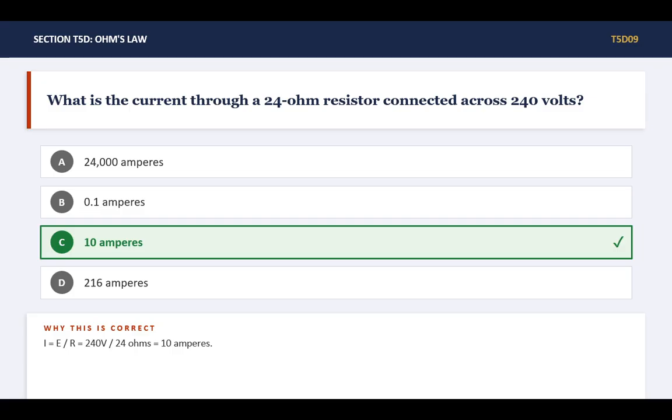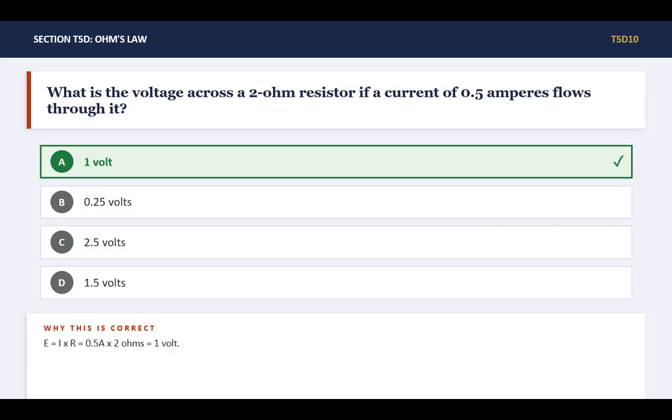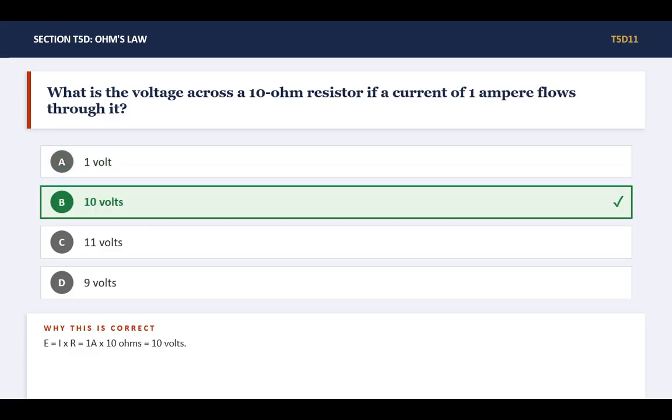What is the voltage across a 2 ohm resistor if a current of 0.5 amperes flows through it? A, 1 volt. And that is figured with the formula E equals I times R equals 0.5 amps times 2 ohms equals 1 volt. What is the voltage across a 10 ohm resistor if a current of 1 ampere flows through it?